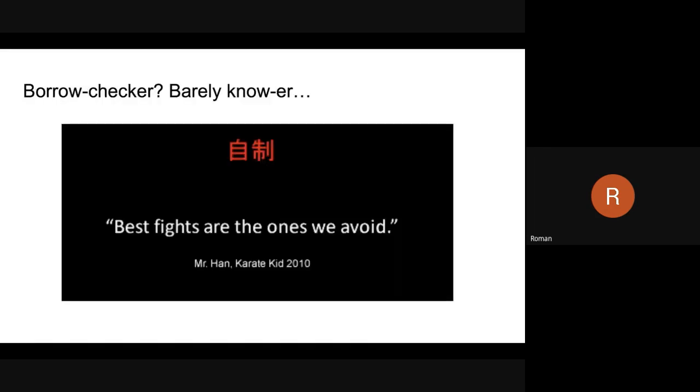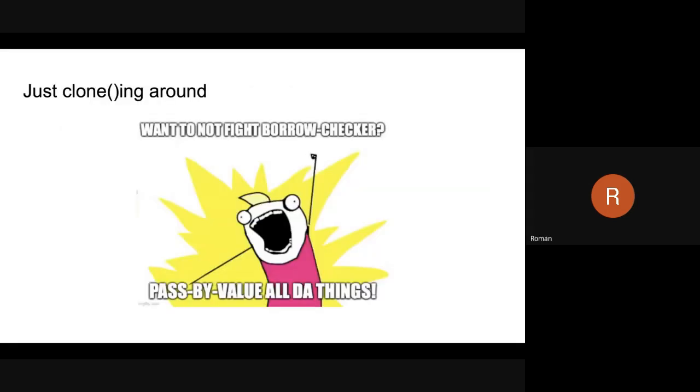So let's get started. Borrow checker: barely know her, our best fights are the ones we avoid. I'm sure everybody here has heard about fighting with the borrow checker. When I was getting started, I didn't want to fight with it, and I wasn't confident enough to know what I was doing. So I just did this: cloning around, pass by value all the things.